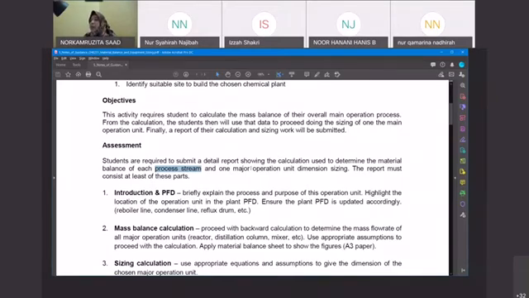That is called the major process stream, or major operation unit. You need to clear out these things, because dealing with the process stream involves the sizing of the unit operation that you are talking about.